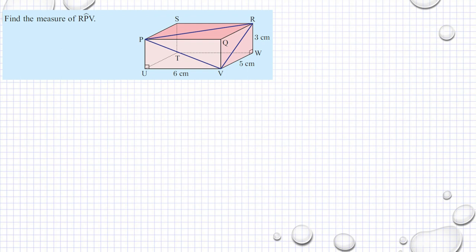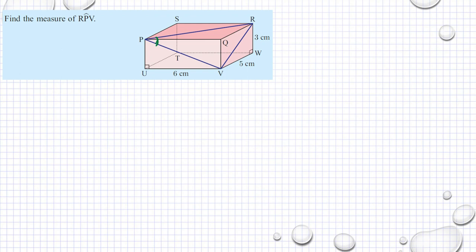Find the measure of angle RPV. That means RP, this one. Oh, maybe another pen is better. Maybe this one is better, the green one. That is what we're going to find. So, if we can find that, then we need the length of PV.